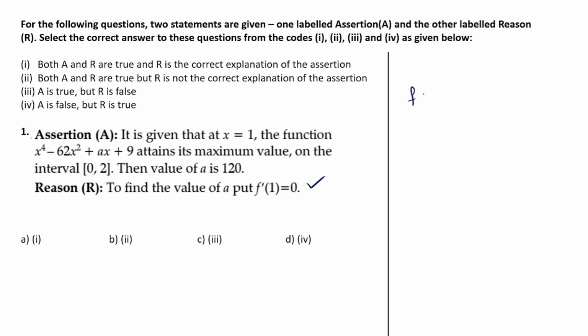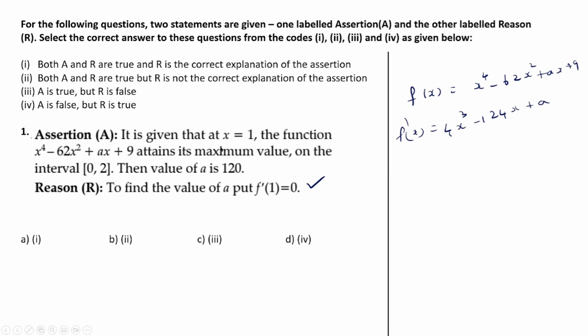So here we have f of x as x raised to 4 minus 62x square plus ax plus 9. So f dash of x is 4x cube minus 124x plus a. And now we know that the maximum value of this function will be attained either at the endpoints of this closed interval, that is at 0 and 2, or at the point where f dash of x is equal to 0.